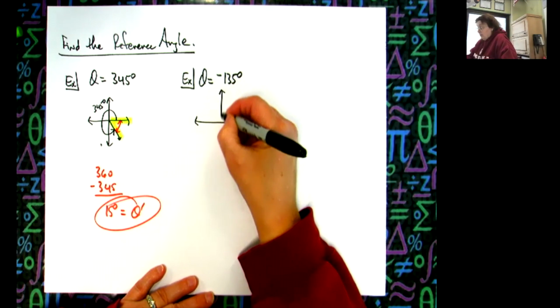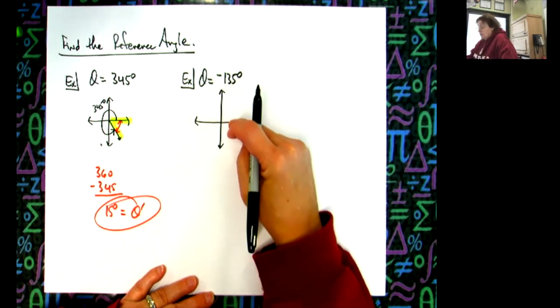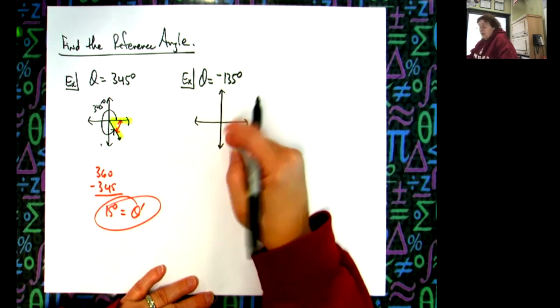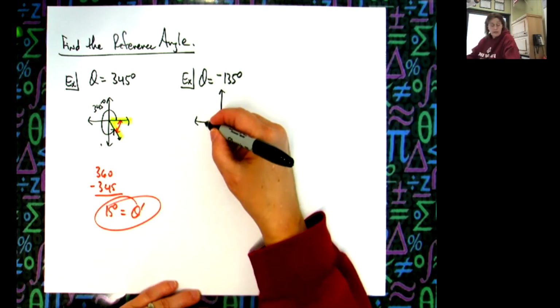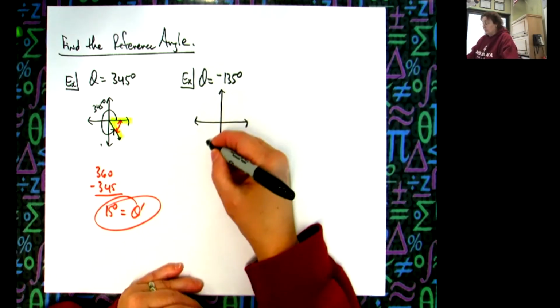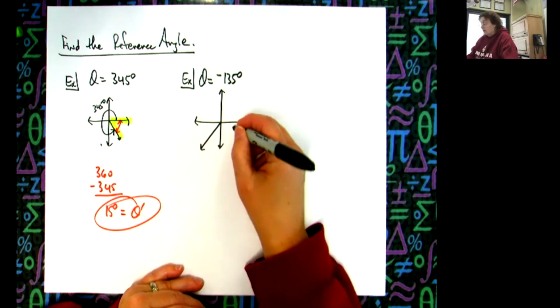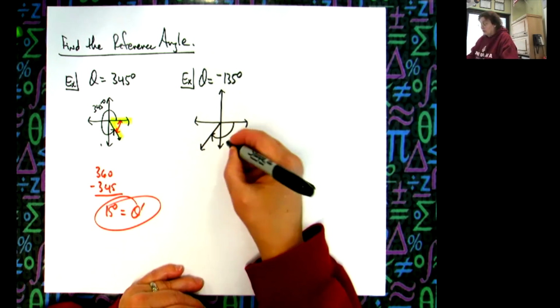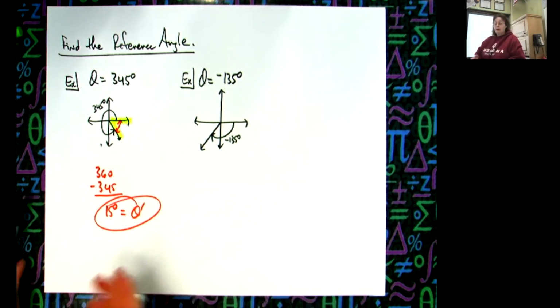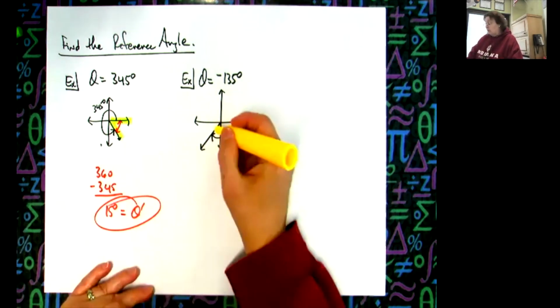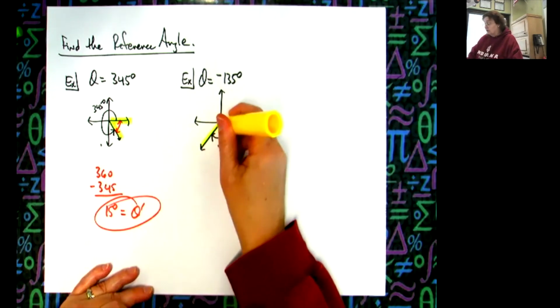Keeping in mind what? Negative goes clockwise around the circle. So again, if I start here, here would be 90, here's 180. So that means it's going to end up here somewhere. And it is important that it's going this way, negative 135 degrees. That might help you visualize it. Well, where was the terminal side? Terminal side's right here.